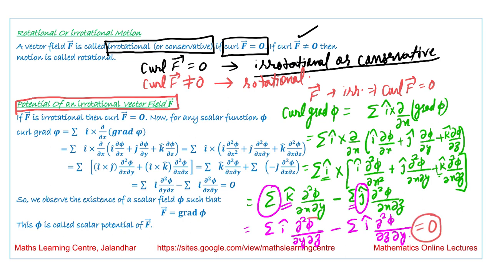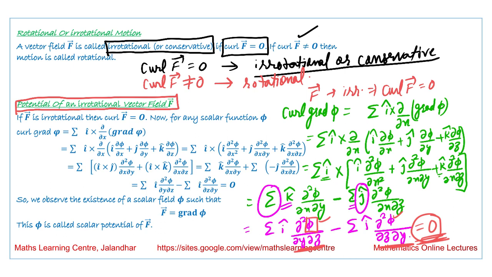We are considering the function phi such that these partial derivatives are equal, so all the conditions for the equality of these two are satisfied by phi. So this net value we obtain is equal to 0.